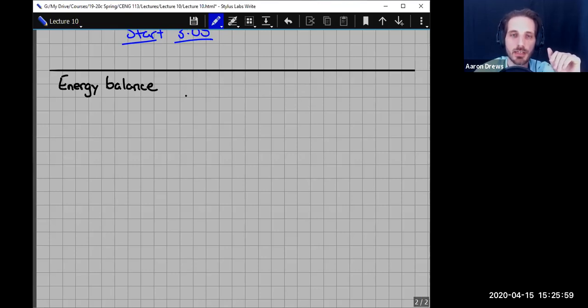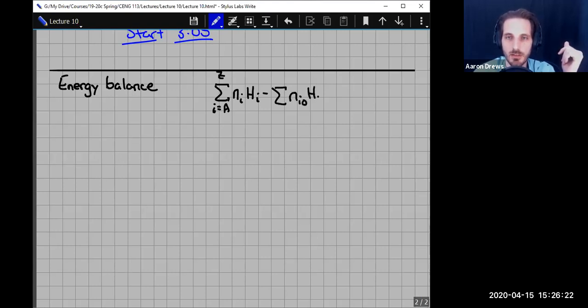And so the energy balance, what it used to look like in previous courses, which was a very general form, and it works all the time, was that the total enthalpy of something going out, N sub i, H sub i, summed over all of the components from A to Z, minus the total enthalpy coming in, N sub i0, H sub i0, from A to Z, was always equal to Q plus W. Specifically, it was equal to shaft work.